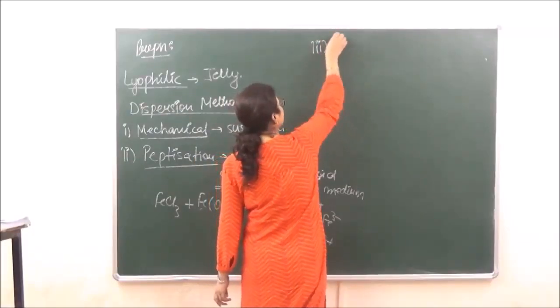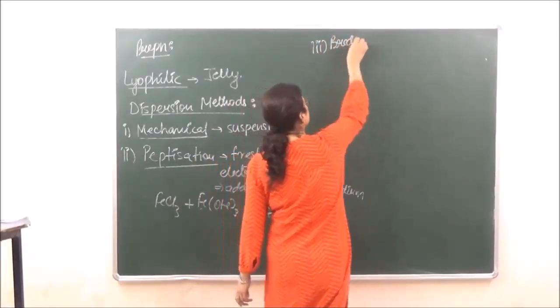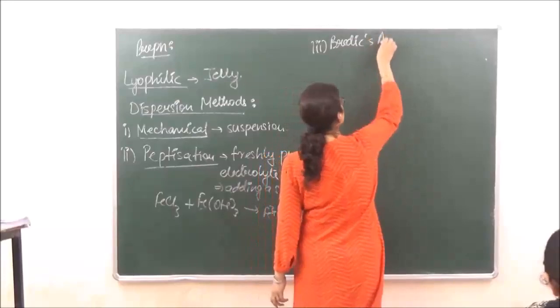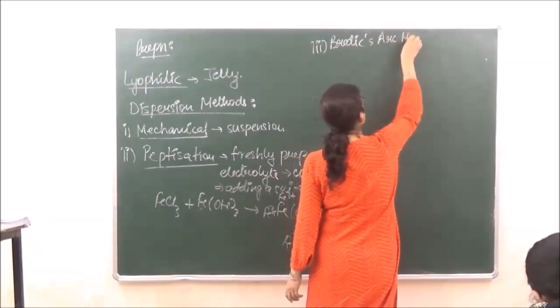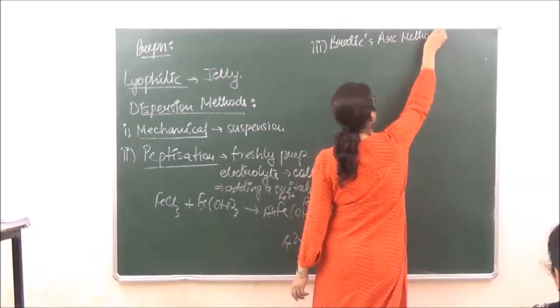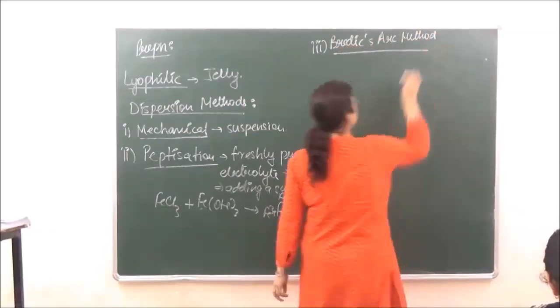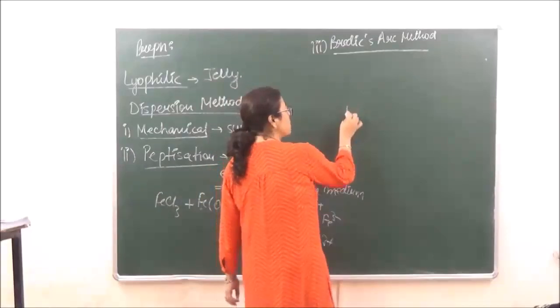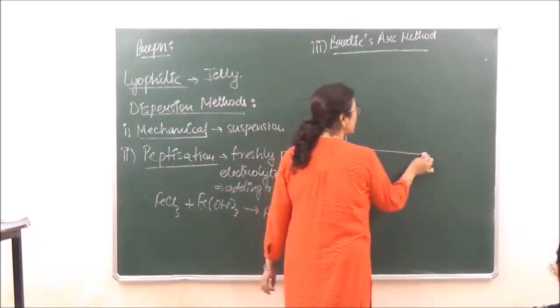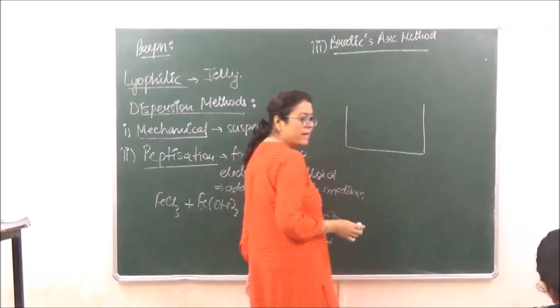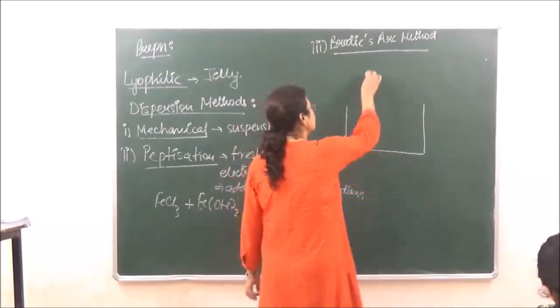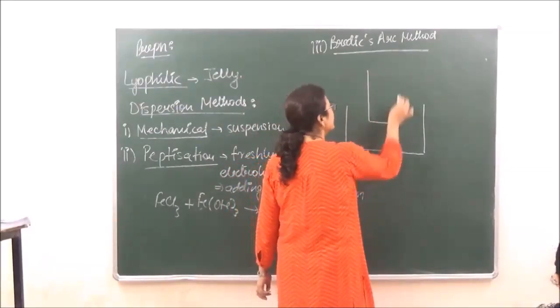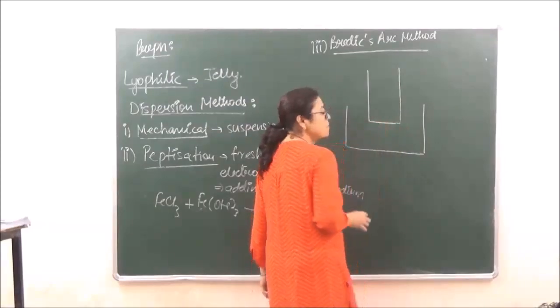Which is known as the Bredig's arc method. In the case of Bredig's arc method, we take a trough which has a lot of ice. This is the ice bath, and inside that we immerse a beaker.